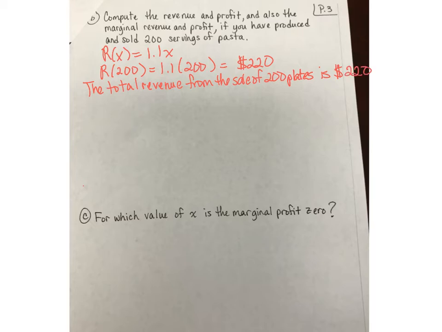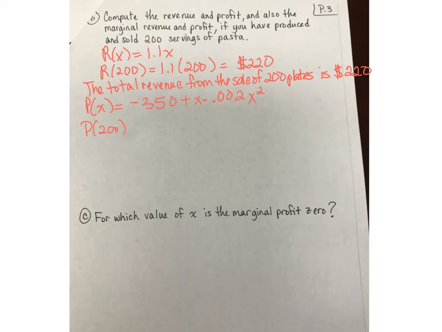Okay, now our profit. We know what our profit function was from the previous page. That doesn't change. It's negative 350 plus x minus 0.002 x squared. And now we find P of 200.